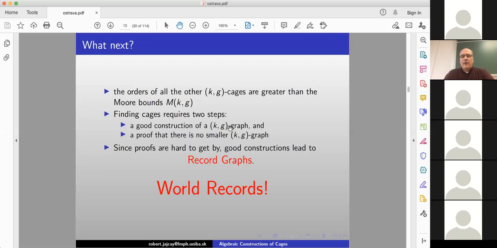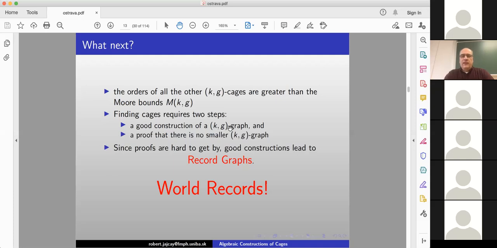Once again, what that means is you can construct for a given specific pair K and G a graph that is smaller than any graph that anybody else can construct for this specified pair. Of course, this needs to be somehow tabulated and followed.